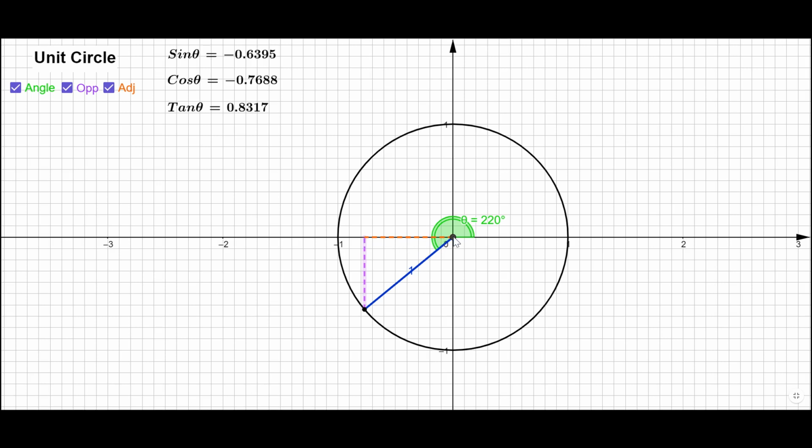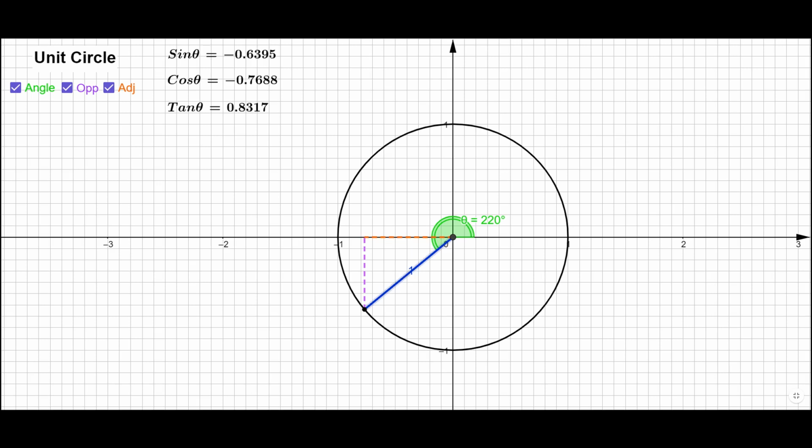So for our sine ratio, which is opposite over hypotenuse, which is always positive, that radius, will give me a negative because that one is negative. The purple one is negative, the y value. For cos is adjacent over hypotenuse, which my adjacent is negative divided by a positive will give me a negative.